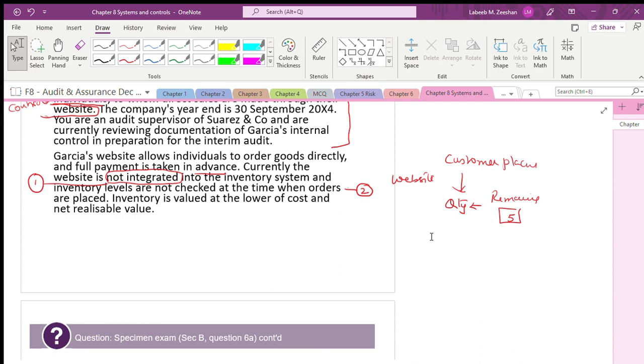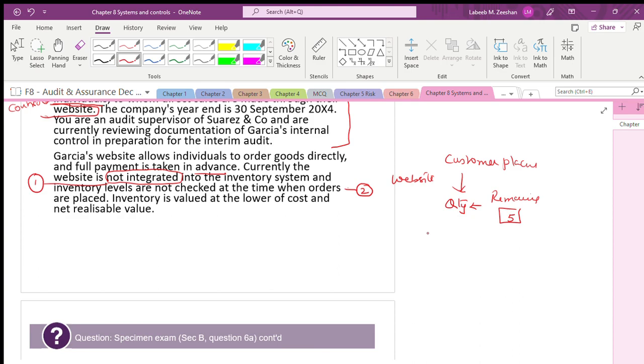In the same way, whenever we are talking about inventory, this has to be there. Otherwise, what will happen? The customer will place an order for 10 units, and they don't have inventory of 10, they have inventory of only 5. They are accepting for 10 and they will deliver for 5. Again, they have to do a refund. This is where we are talking in terms of a deficiency.